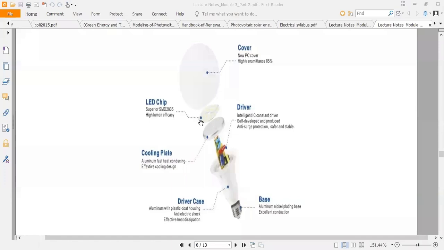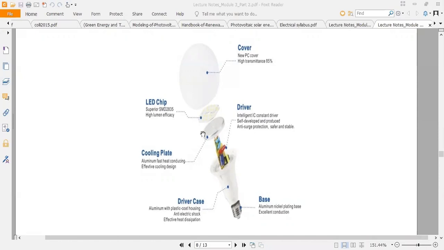Then, in order to protect this LED bulb from such surges, this surge protection is provided here. Okay. So current will enter through this base with the help of the terminals connected in this base, and it will give supply to this driver unit.